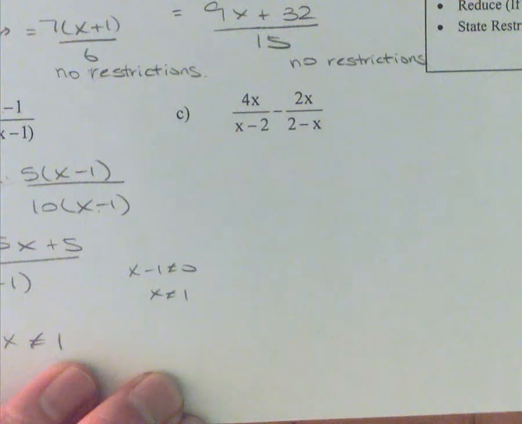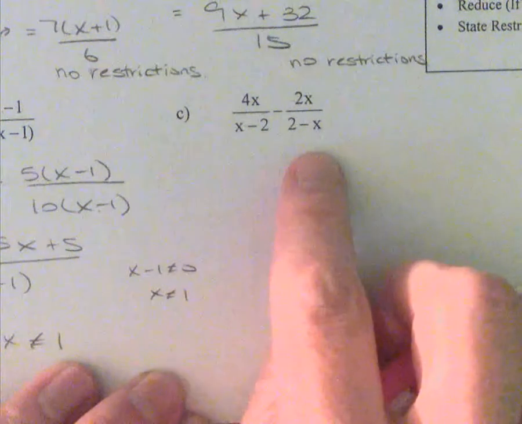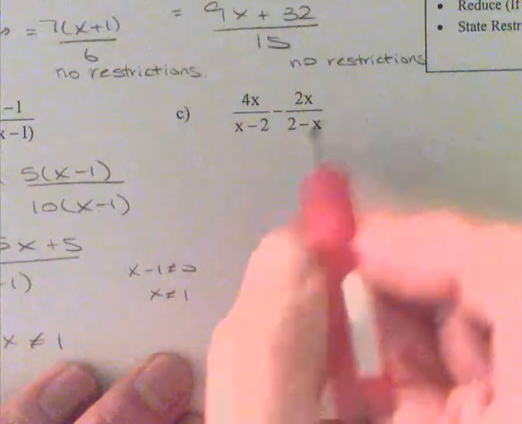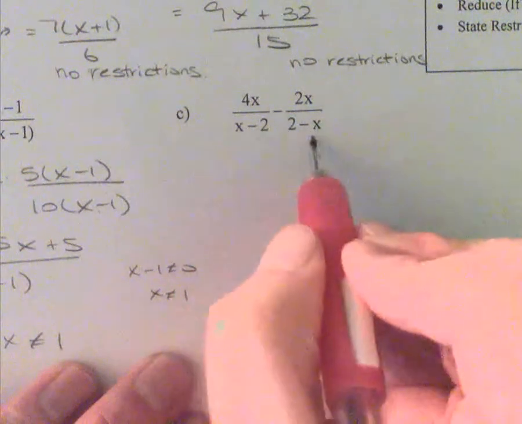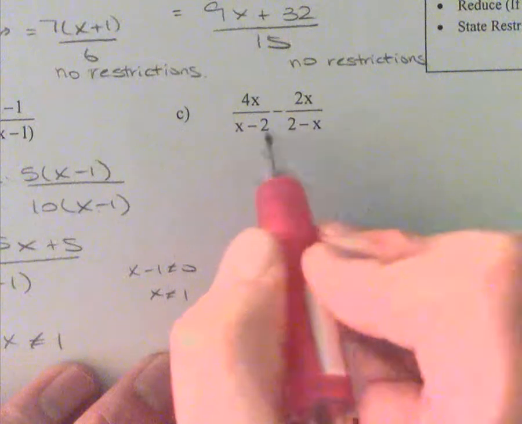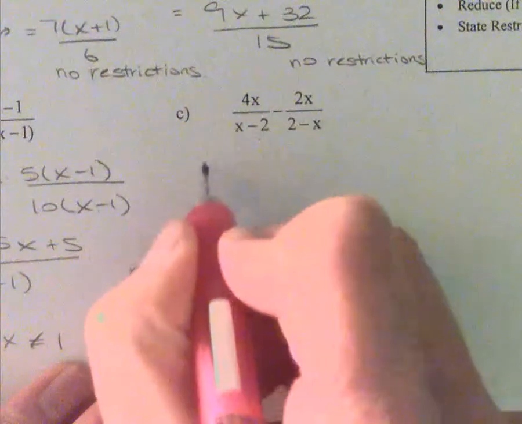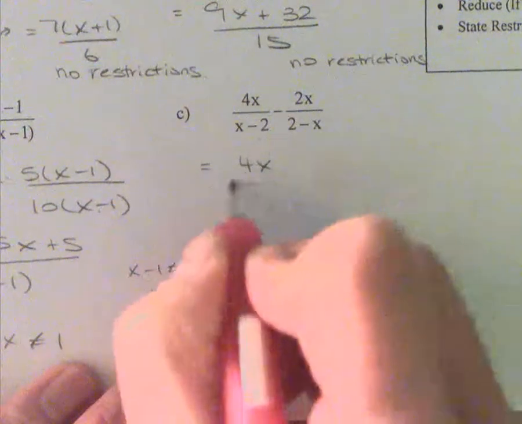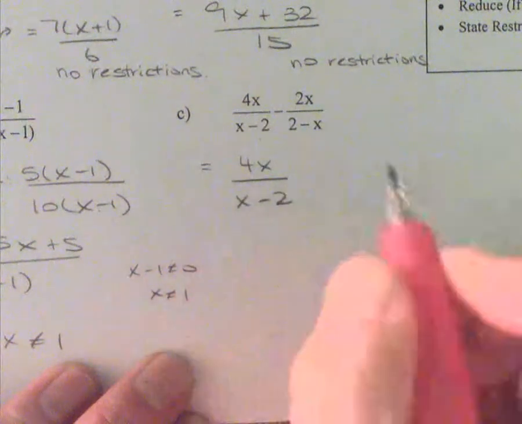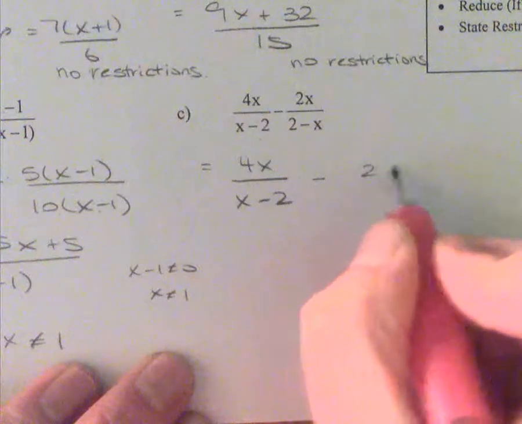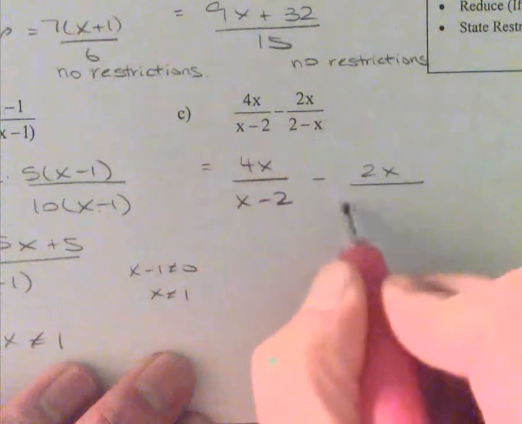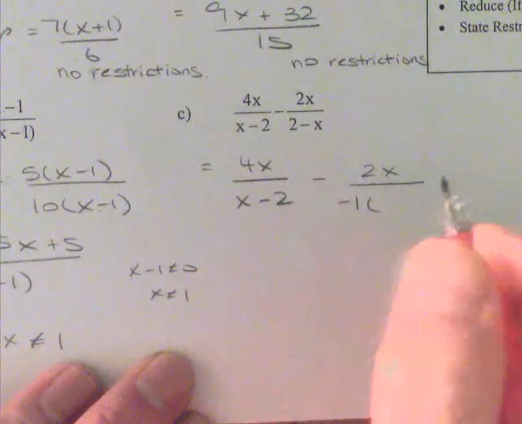This next one is a little bit tricky. So it looks like these denominators are the same, but this one is backwards from this one. So what we do is we say, well, this is 4x over x minus 2 minus, we have 2x here. So what I want to do is I want to factor out that minus 1.